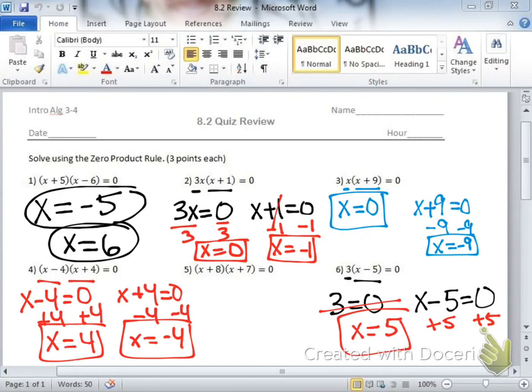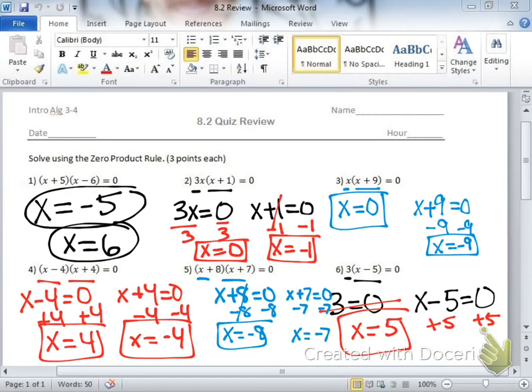And number 5, I'm running out of space, sorry about that. Either x plus 8 equals 0 or x plus 7 equals 0. We subtract 8, subtract 8. So we get negative 8 as a solution. And negative 7 as a solution.